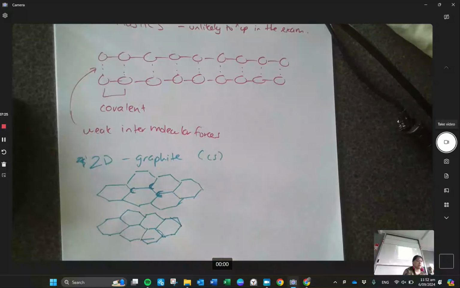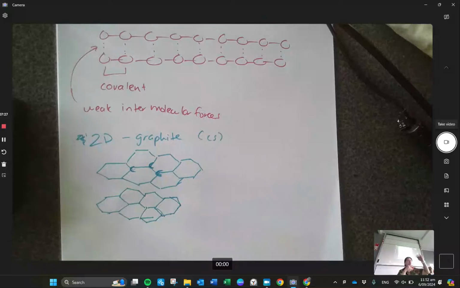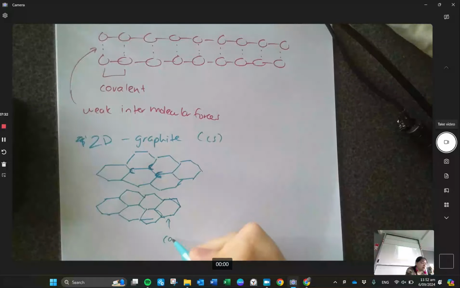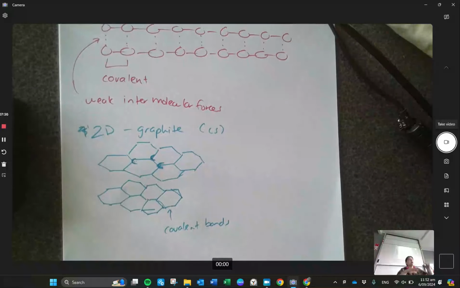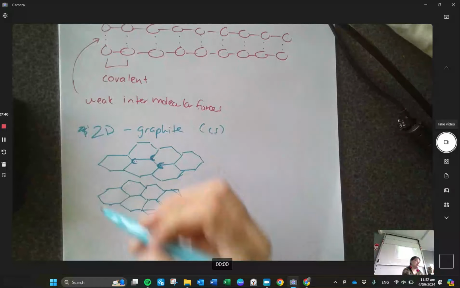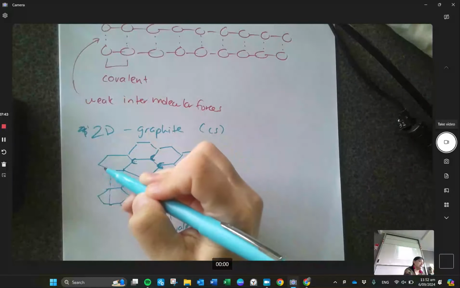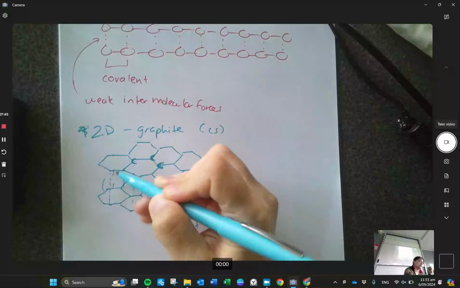So this is representative of the carbon sheets. These again have covalent bonds. But because it's a sheet instead of a string, you have lots of layers of intermolecular forces going on.